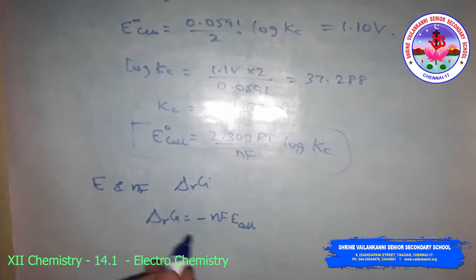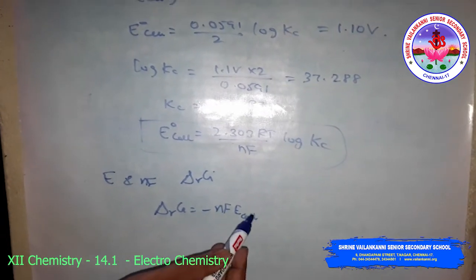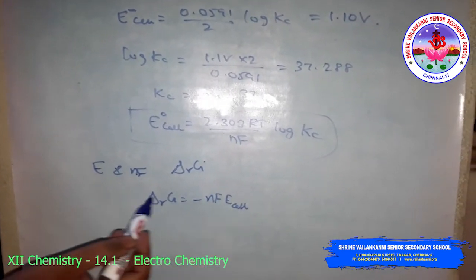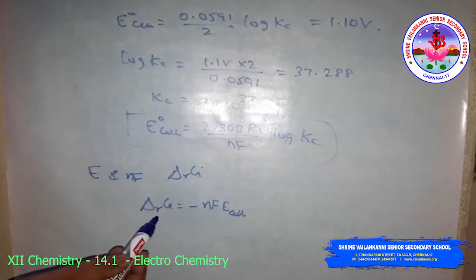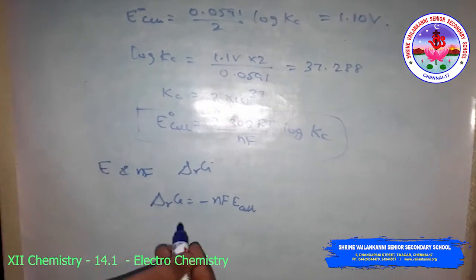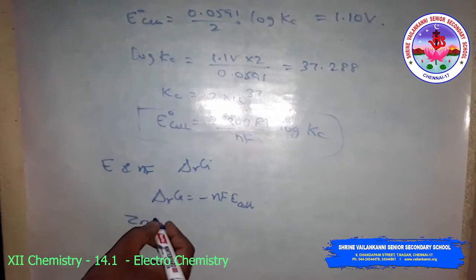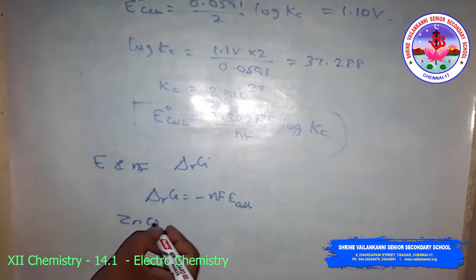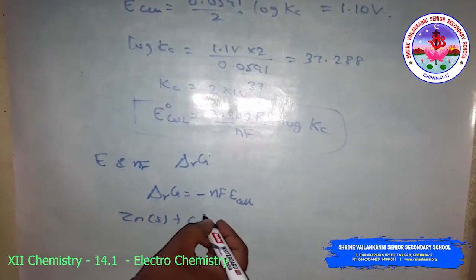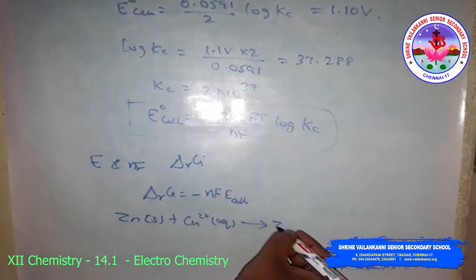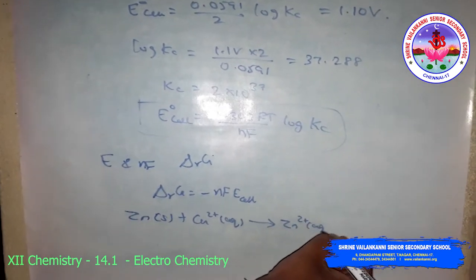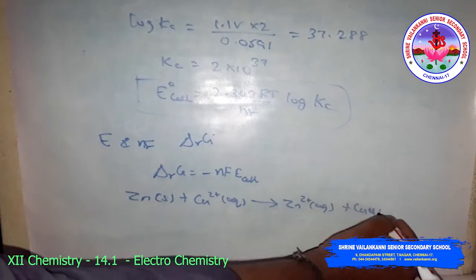Okay, it may be remembered that E cell is an intensive parameter, but ΔrG is an extensive thermodynamic property, and its value depends upon n. So we can write it like this: Zn solid, Cu2+ aqueous, then Zn2+ aqueous and Cu solid.